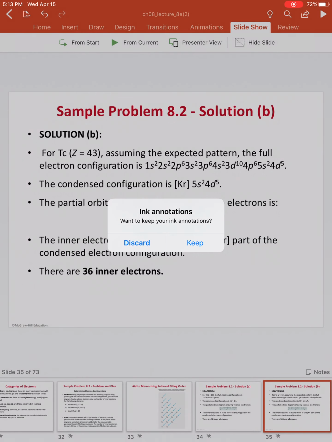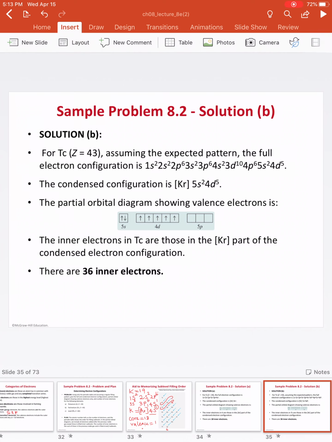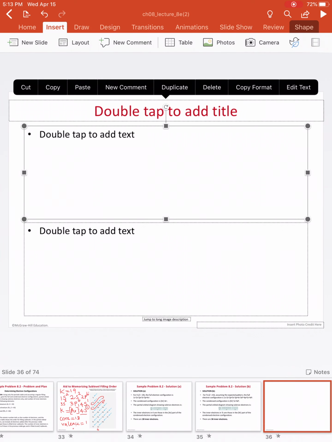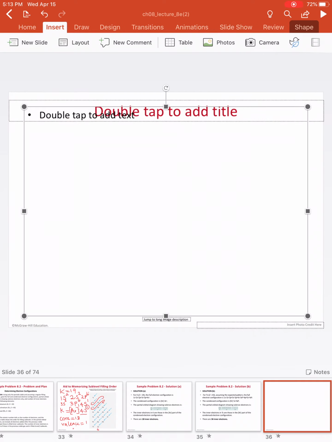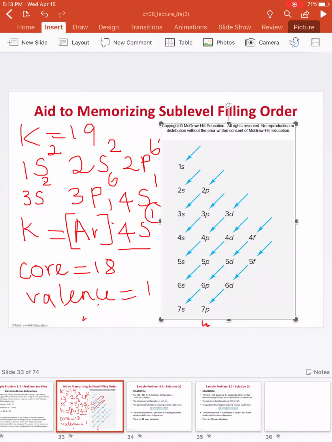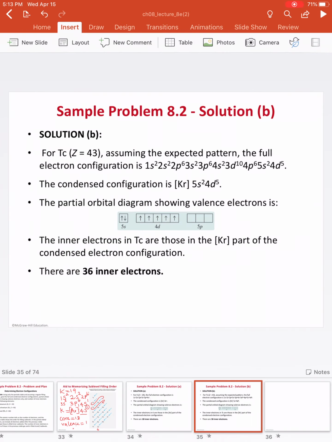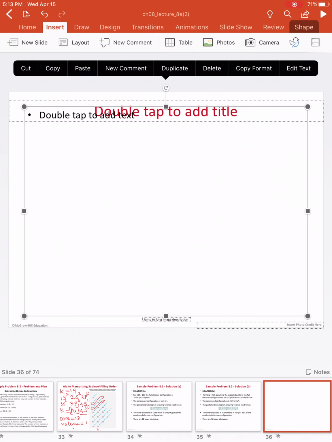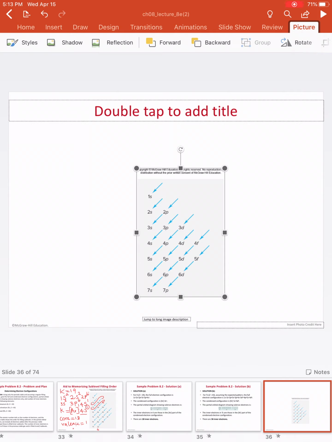Let me see if I can do it with you. Let's insert a new slide. Okay, so let's use this diagram.